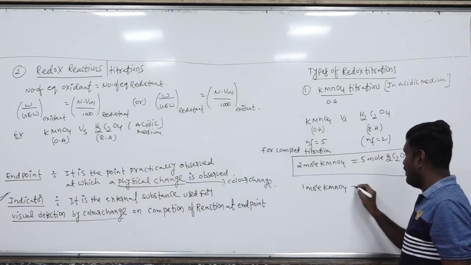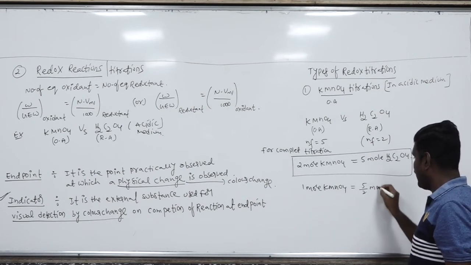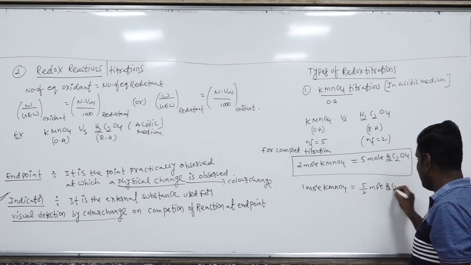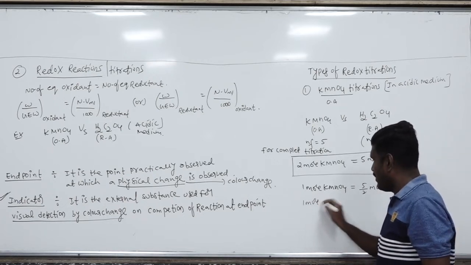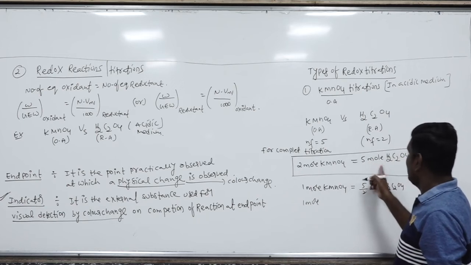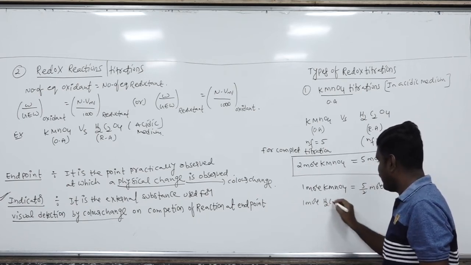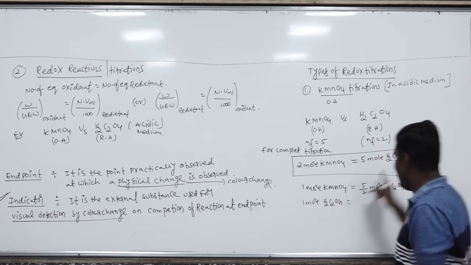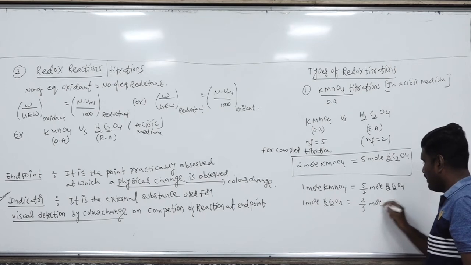So for 1 mole KMnO4, shall I write 5 by 2 moles of oxalic acid? Yes, 5 by 2 moles of oxalic acid. Otherwise, if I want to calculate the number of moles of KMnO4 for the oxidation of 1 mole of oxalic acid, shall I write 2 by 5 moles of potassium permanganate?